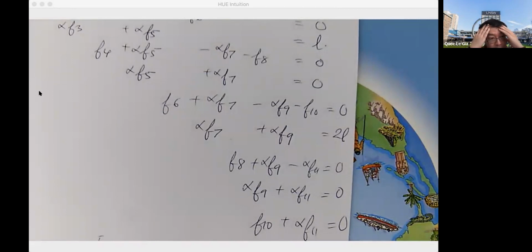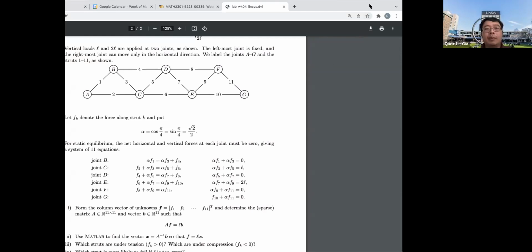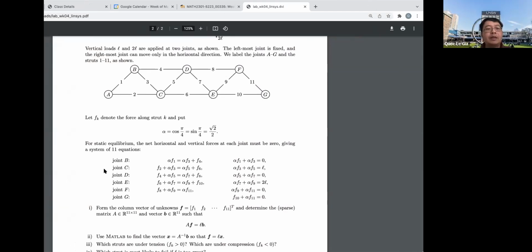Actually, I think joint A could be a typo. If you look at this, I think equation number 1 is for AB, right? And equation number 2 is for AC.